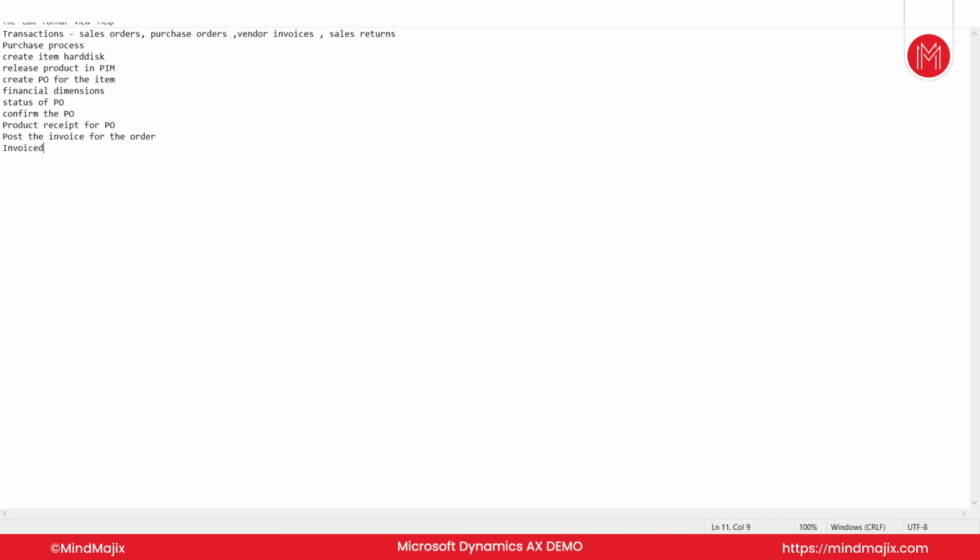Once the order is invoiced, we can use it for a credit note. These are the steps that we need to do for the purchase process.